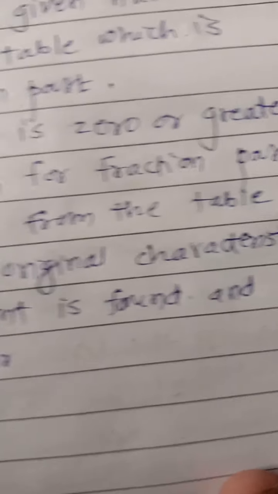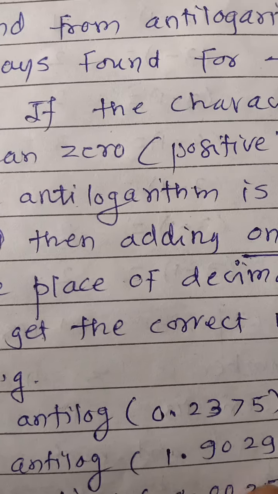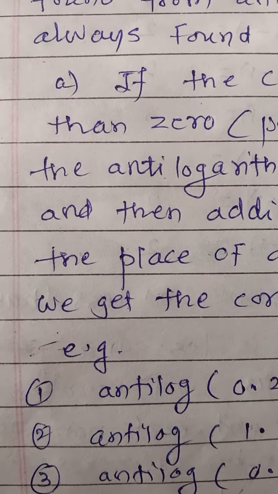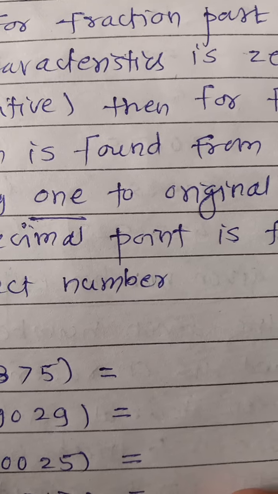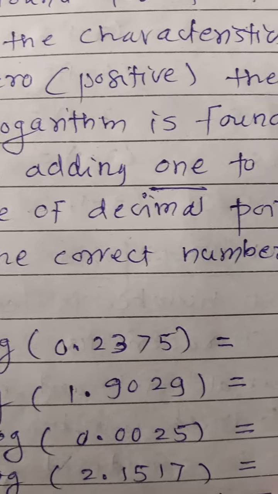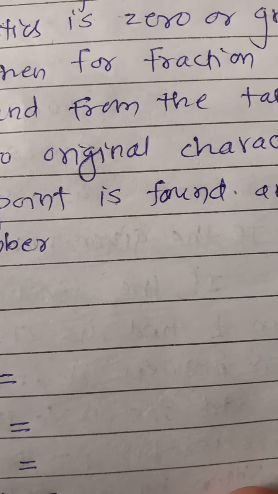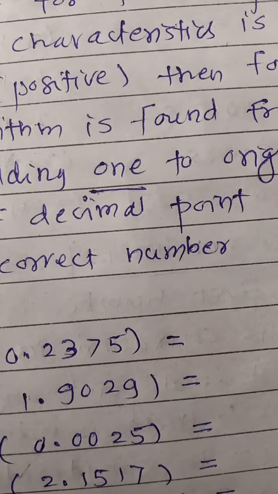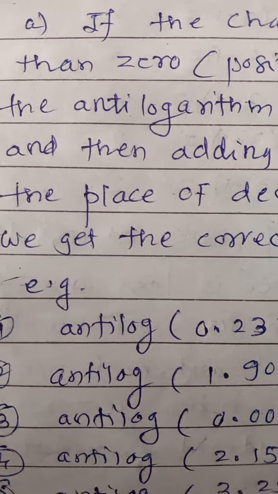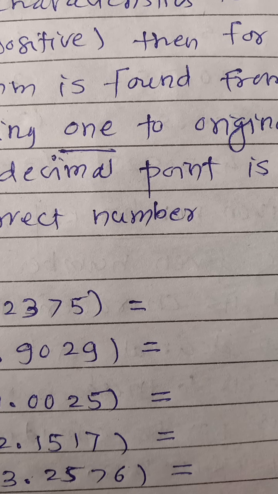Then for the fraction part the anti-logarithm is found from the table, and then adding 1 to the original characteristic, we can place the decimal point, and we will get the correct number.